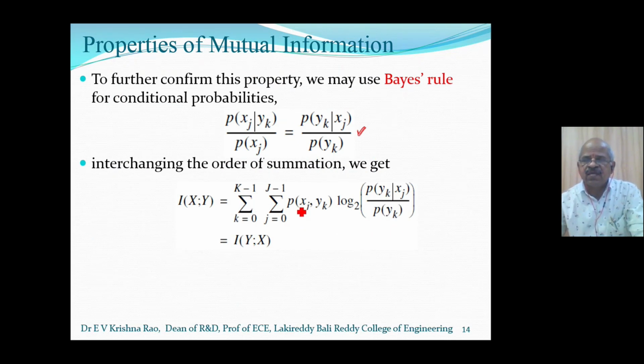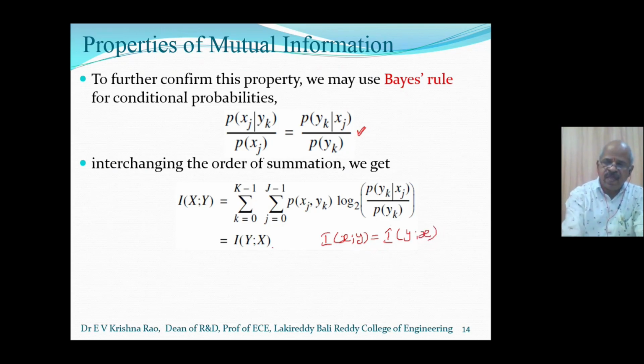The summation of these joint probabilities with logarithmic base 2 of p(yk at xj) by p(yk) is nothing but I(y,x). So I(x,y) is nothing but I(y,x). That is the mutual information. The first property, symmetry, is proved.